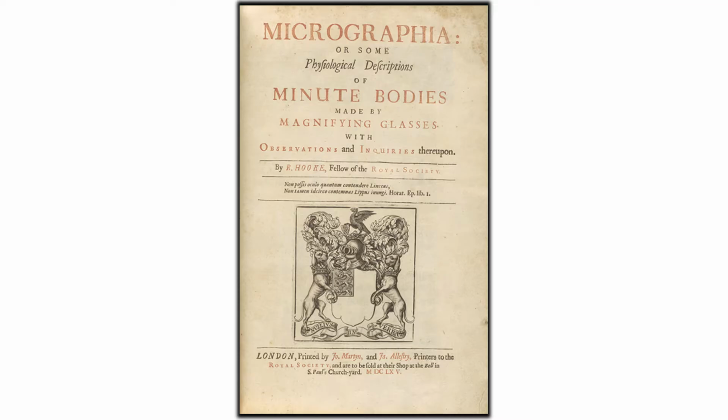And it was incredibly popular, and it radically altered perceptions of the natural world and ideas of scale. These technological developments shifted ideas about perspective, about scale, about big and small, and seeing things up close for the first time.